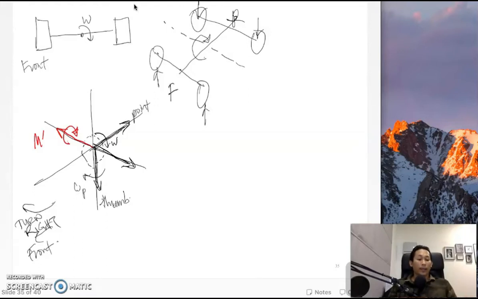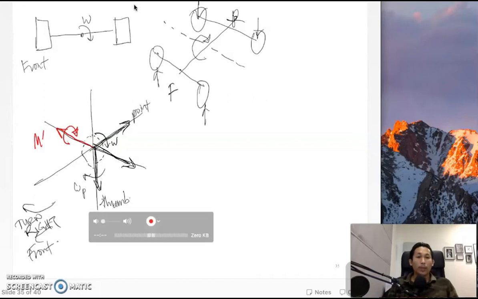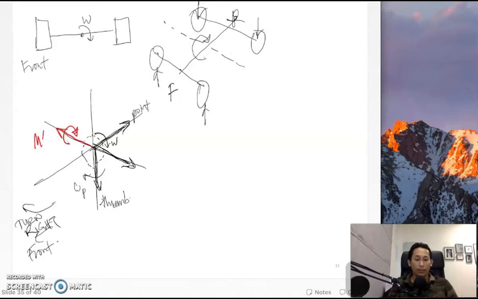Okay, so we need to calculate the moment. From the figure we have our moment of inertia, I equals mk squared. This is for the engine, shaft, and all.